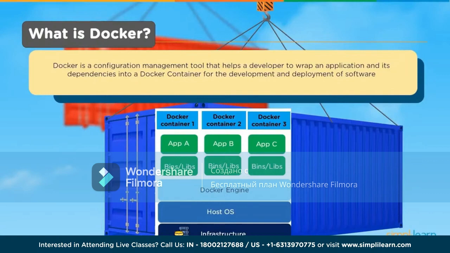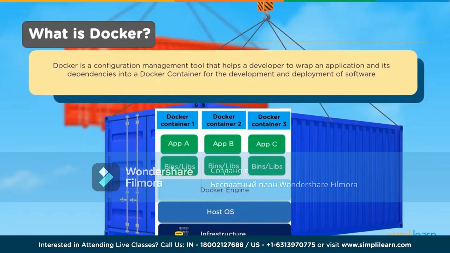But here, we are talking about how we can wrap an application all together with its dependencies. All the dependencies are packaged up into a single entity, and that's what we call a Docker container. So Docker is a configuration management and containerization tool which helps us package both the dependencies and the source code within a single unit called a Docker container.